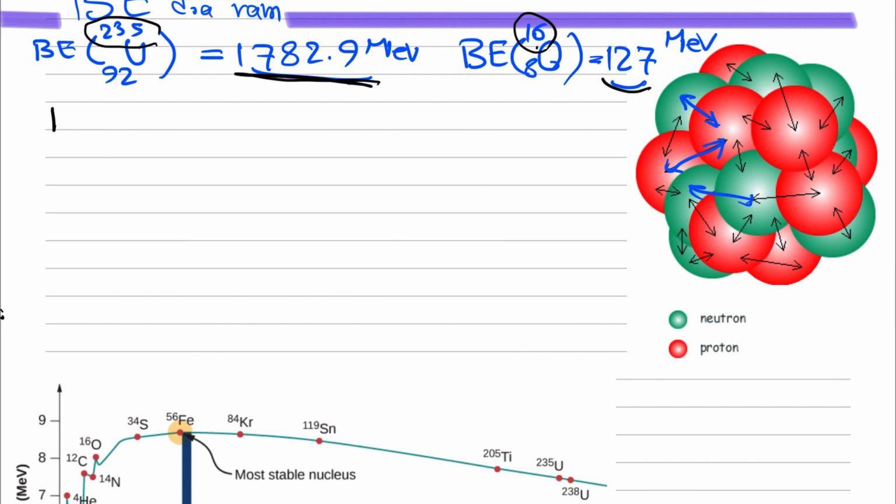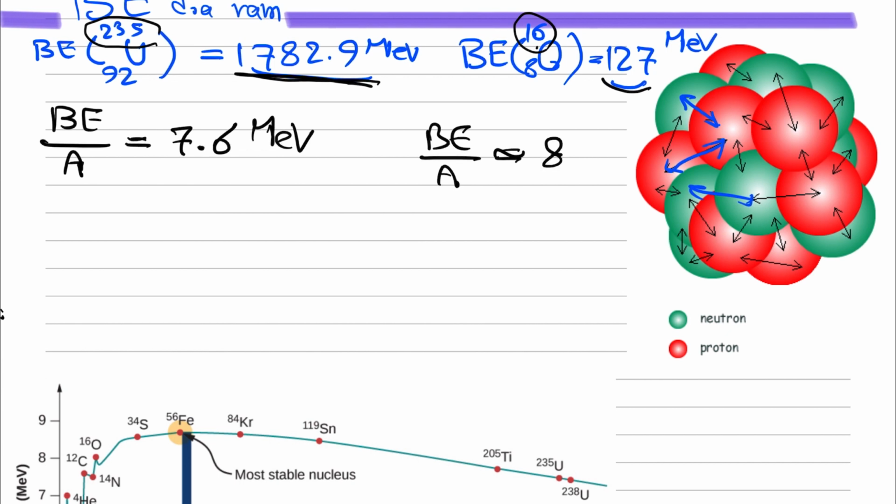To do that, we divide this binding energy by the atomic mass, and then we calculate, for example, for uranium, it becomes about 7.6 mega-electron volt, and the value for oxygen is around 8 mega-electron volt. And now we can compare these two values, and it suggests that uranium-235 is more unstable than oxygen-16.